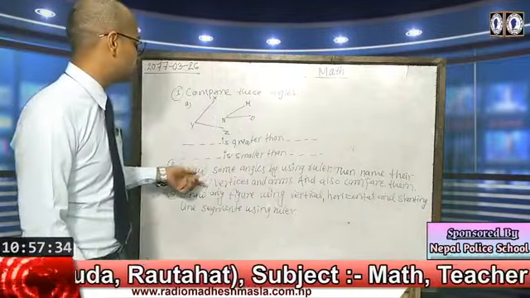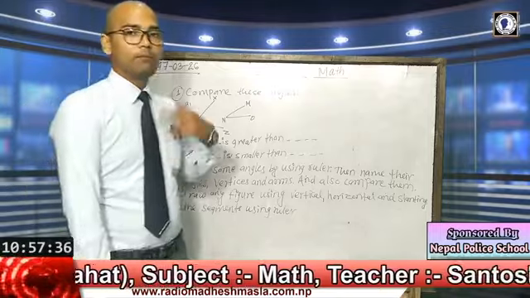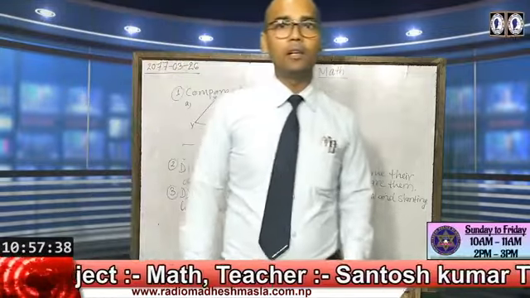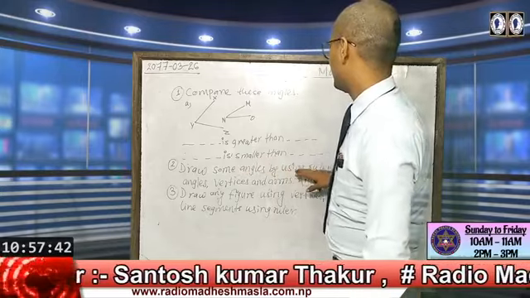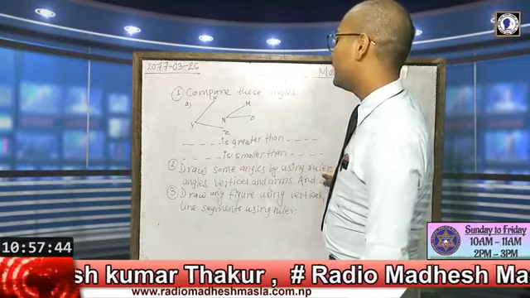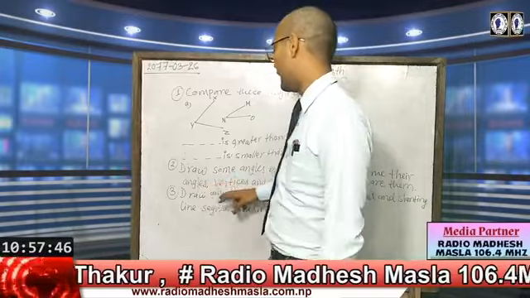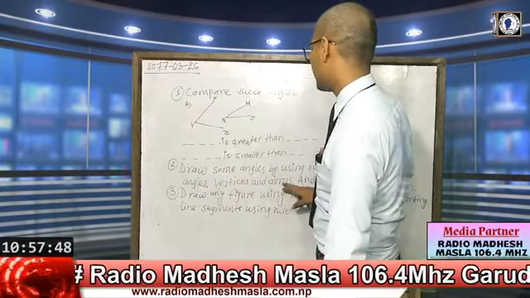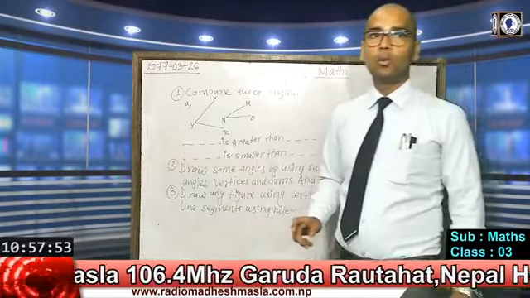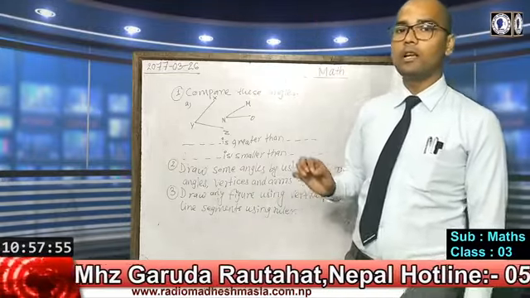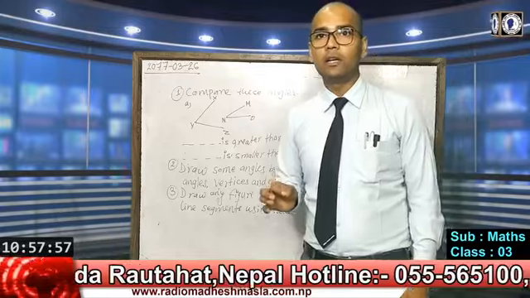So we should draw 2, 4, 6, in even numbers, using a ruler. Then we should write their angle names, vertex names and arms. After writing all these, we should compare them, which one is smaller and which one is greater.